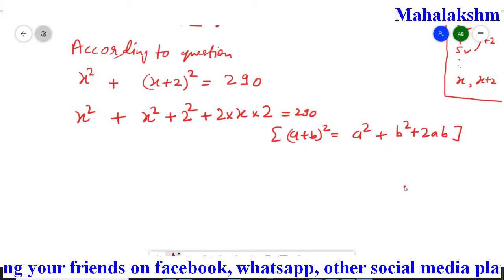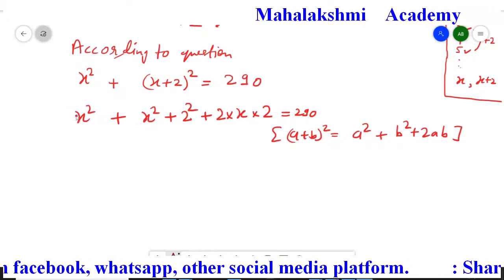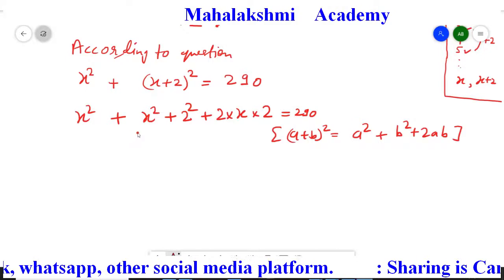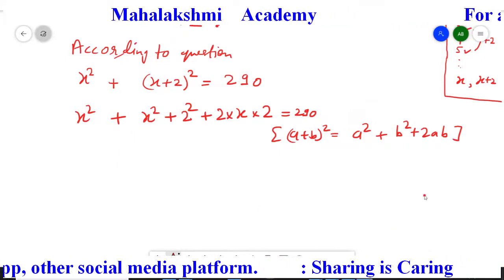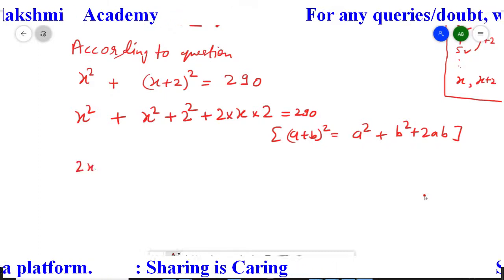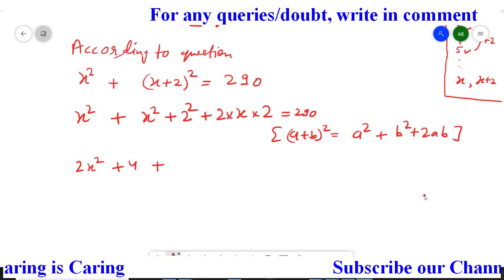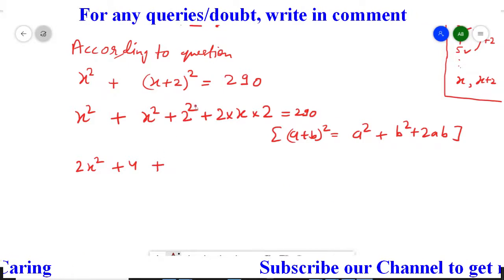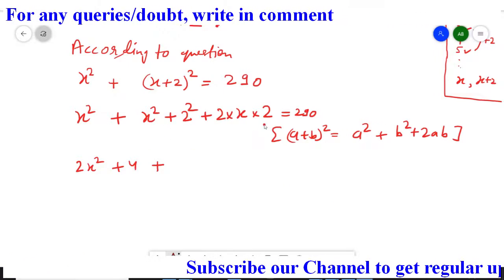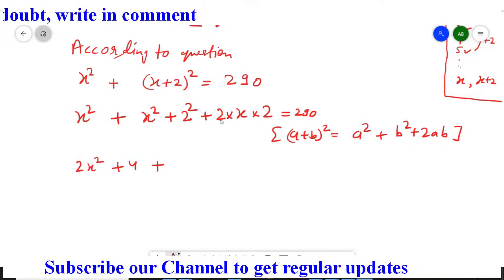In the next step we will solve it further. Here x square and x square will add, so that will give us 2x square. So it's going to be 2x square plus 4, and this 4 I obtained from 2 square is 4. Now 2 into 2 is 4, so it's going to be 4x.